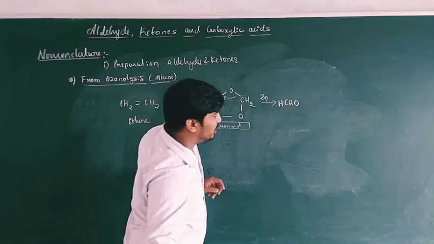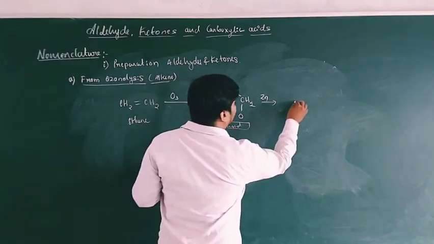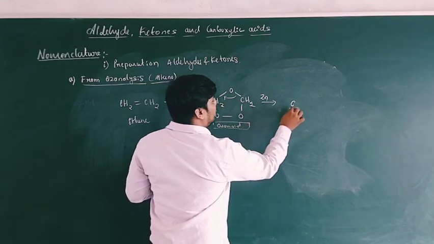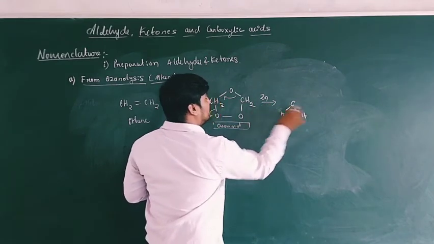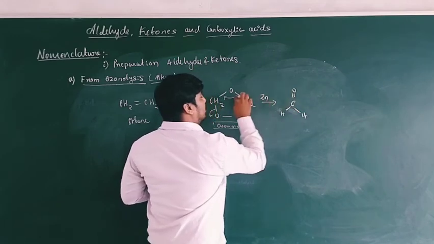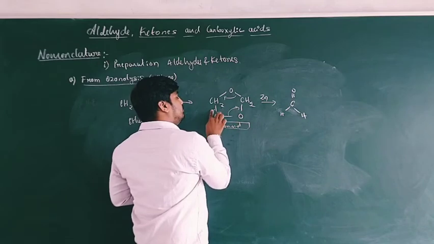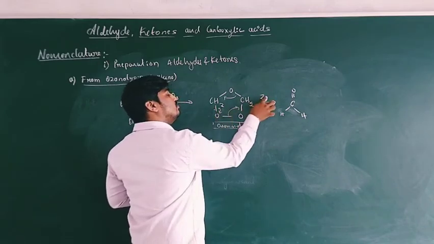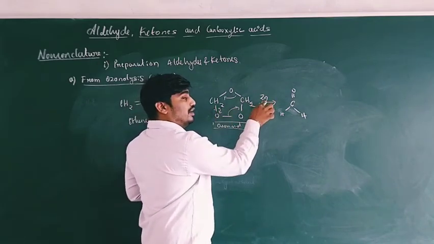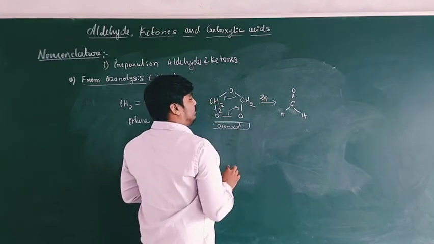What type of compound is it? It is an aldehyde. The carbon contains two hydrogens and oxygen, and the oxygen goes to bond with zinc in the oxidation of zinc.